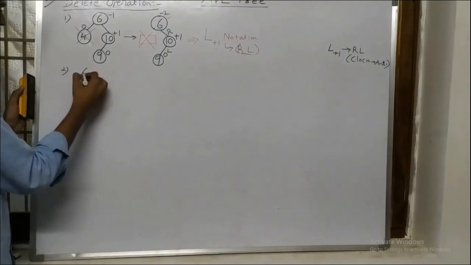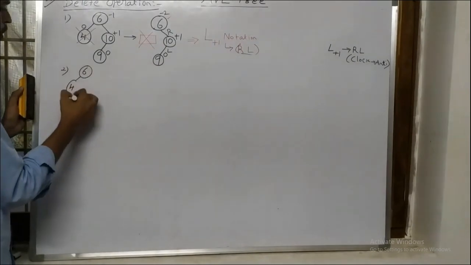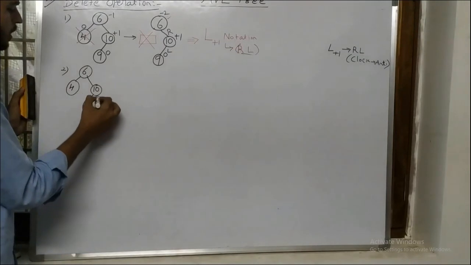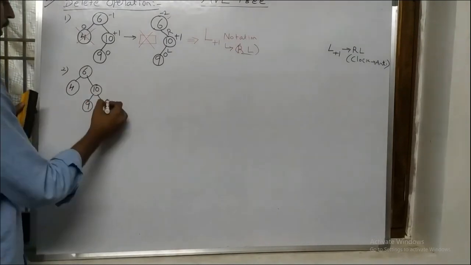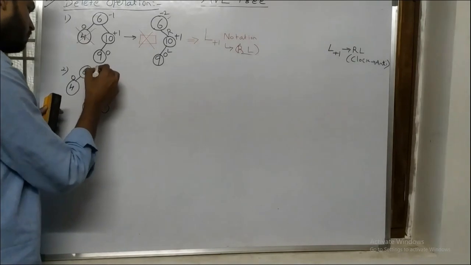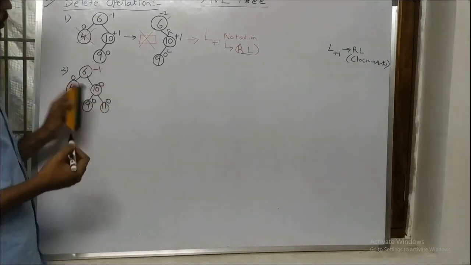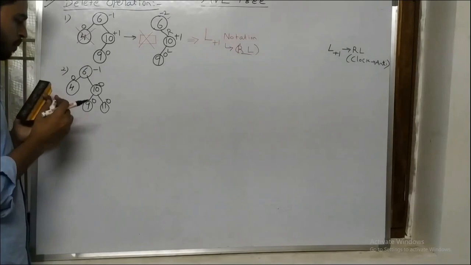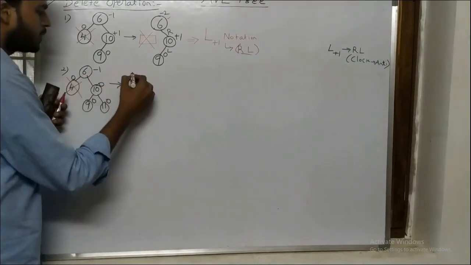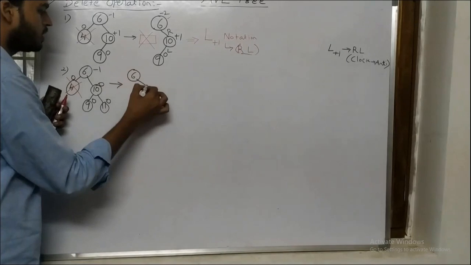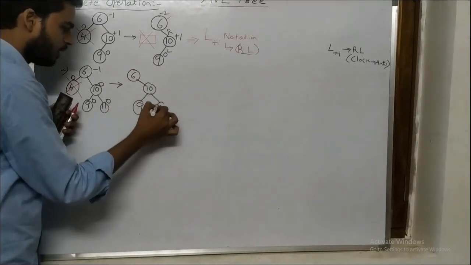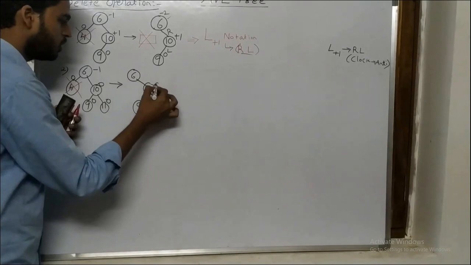Then the second condition is 6, 4, 10, 9, 11. Let us take 0, 0, 0, 0, minus 1. The tree is balanced. But because of this deletion, my tree becomes imbalanced. Just see here, 6, 10, 9, 11. 0, 0, 0.